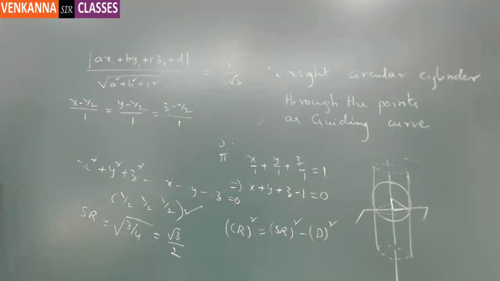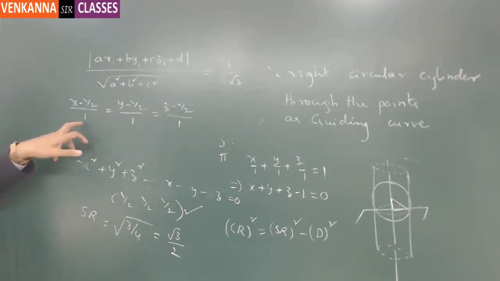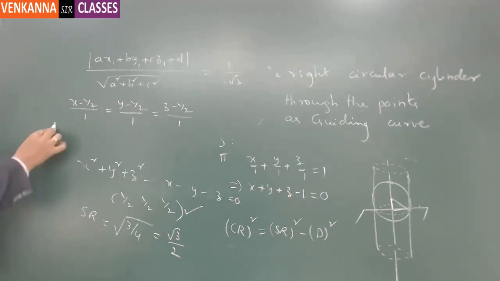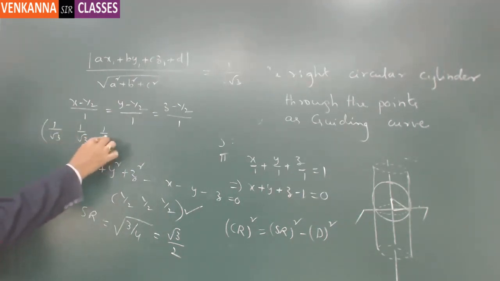So the point we are taking is 1 by 2, 1 by 2, 1 by 2. The dr values are 1, 1, 1 from the plane. So the actual DCs, if you consider, are nothing but 1 by root 3, 1 by root 3, 1 by root 3. These are the actual DCs of the axis. Now let us substitute the values there.